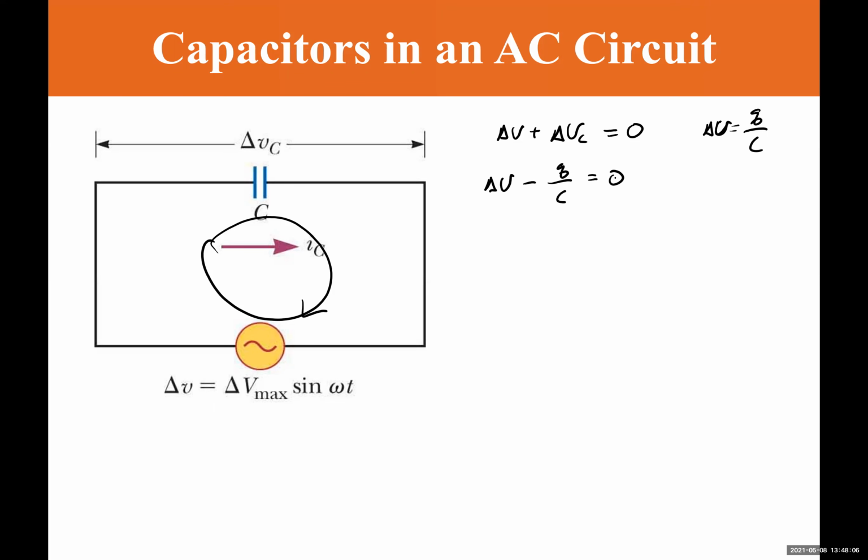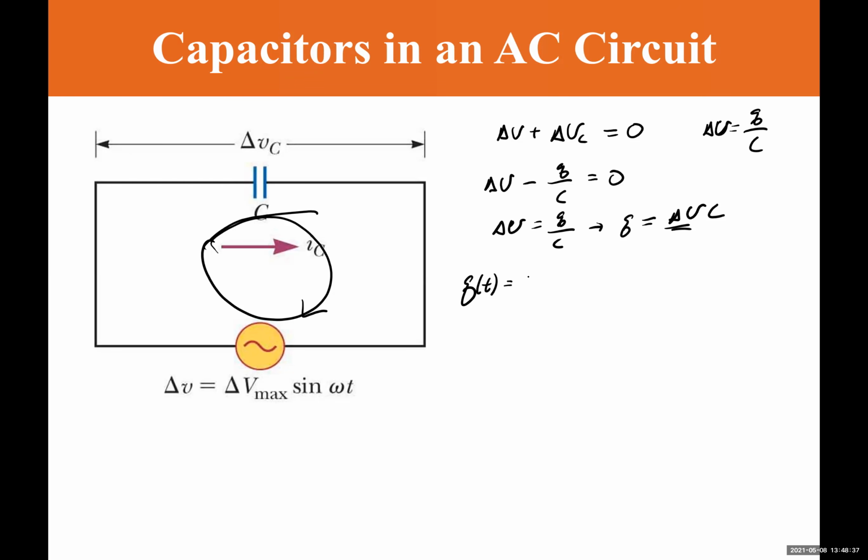Because there's a potential drop, we end up with minus Q over C equals 0. If I rearrange, delta V equals Q over C, or Q equals delta V times C. But delta V here is time varying, which makes Q time varying.